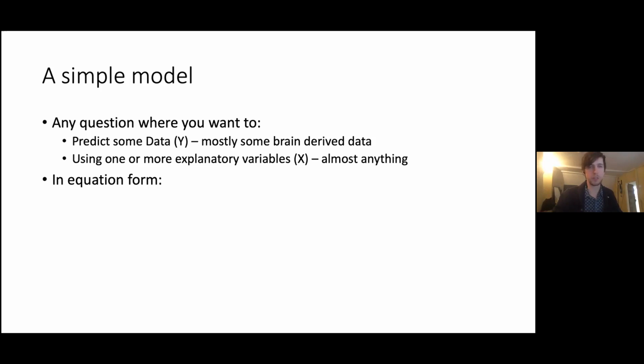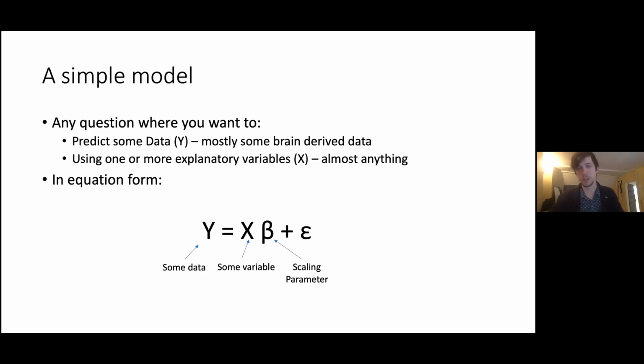In equation form, it's almost exactly the same as a linear regression. You have your data, which is y, some variable that we can represent with x, and then a scaling parameter that represents the weight that that variable has on that data, plus some residual data or error, which is just everything that isn't explained by this variable.